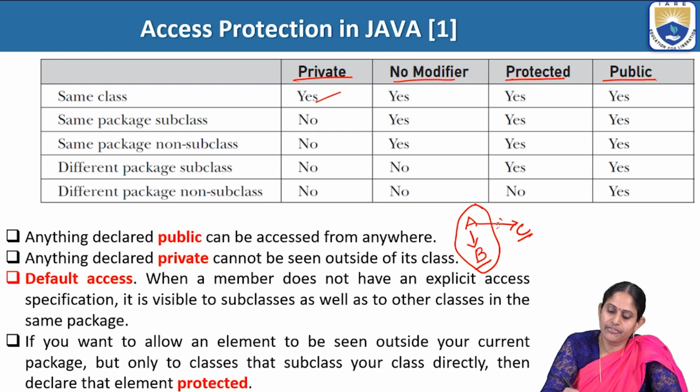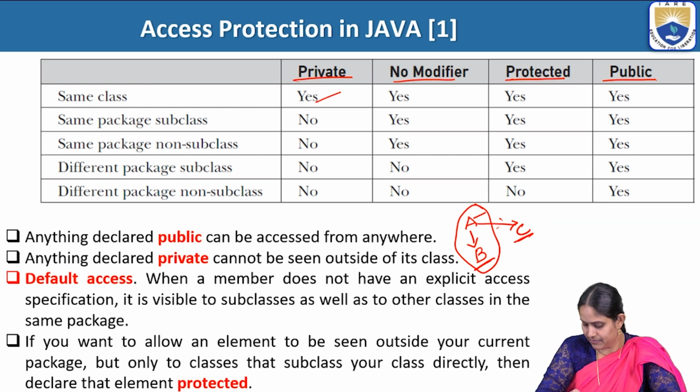If there are any variables defined as protected inside A, the classes B and C can access them. It cannot access any other variable other than public. And if you define any variable as public, it can be accessed from anywhere in the JDK environment.